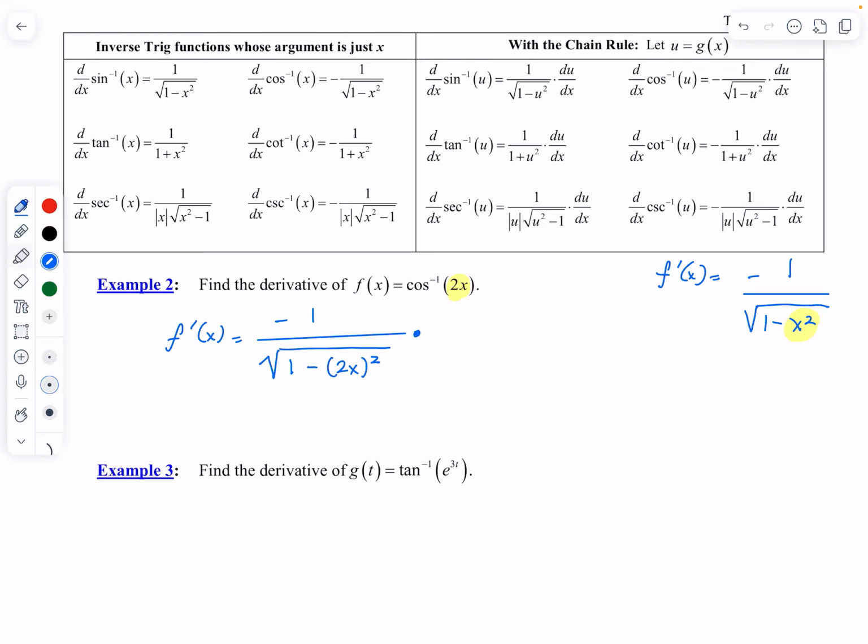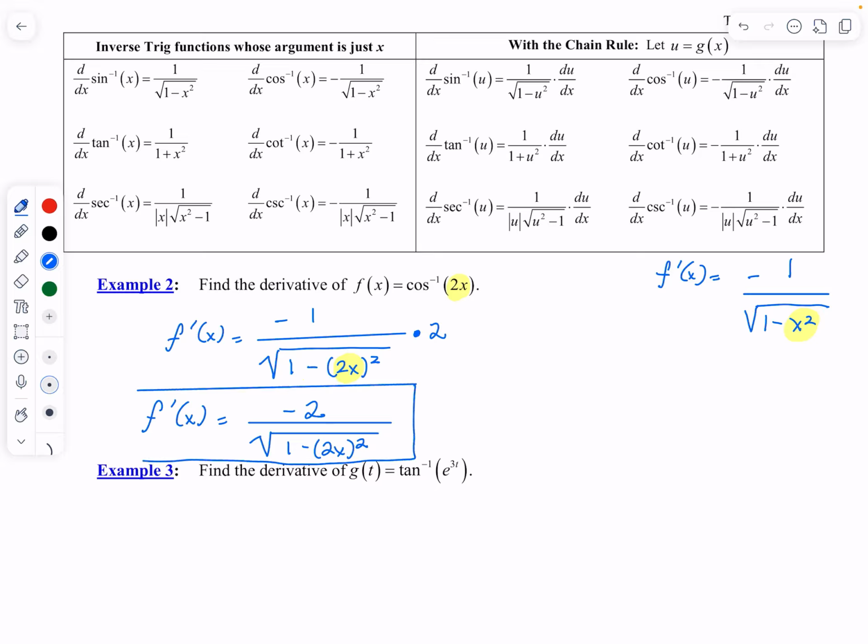And then I have to take the derivative of 2x, which is just 2. So this derivative equals negative 2 over the square root of 1 minus 2x squared. And that is my answer.